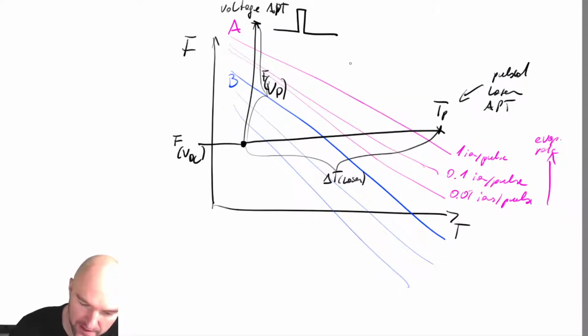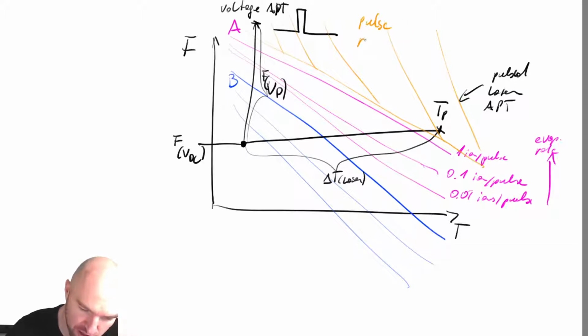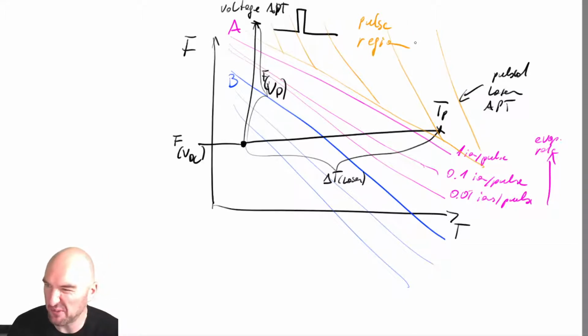All we need is to get in this pulse region, which could in theory be any combination of temperature and voltage. It could be any combination of temperature and voltage.